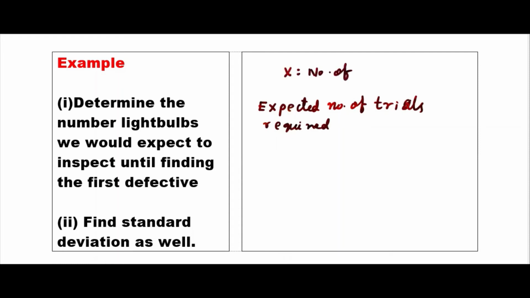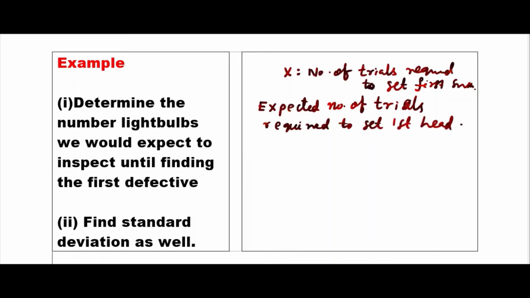I just added expected number of trials required to get the first one. This was the question: expected number of trials required to get the first head. We'll change it to third or fifth or seventh later.